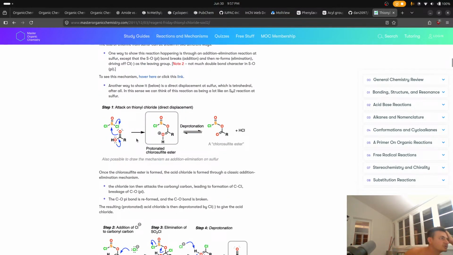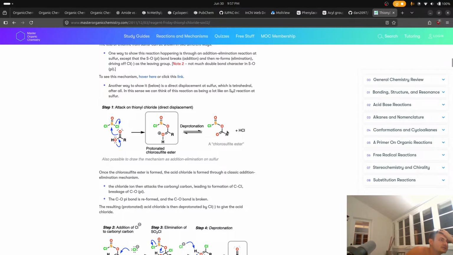All right, so the pi of the carbonyl attacks the sulfur, and it forms this chlorosulfite ester, and it's prompted by the dumping of the lone pair into a pi, and then it's deprotonated.